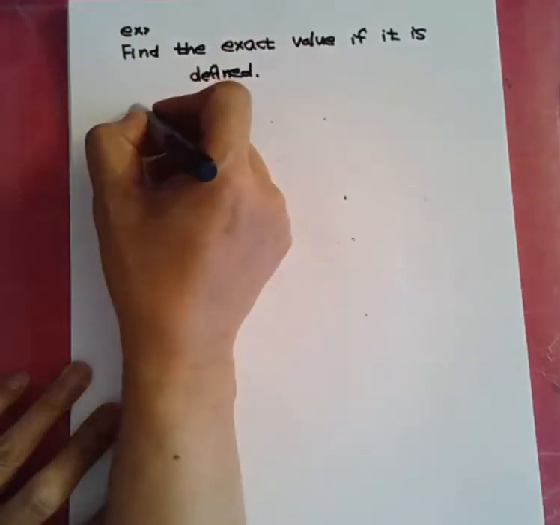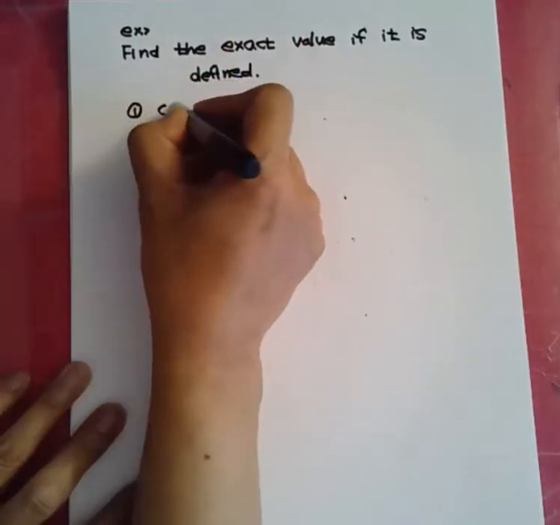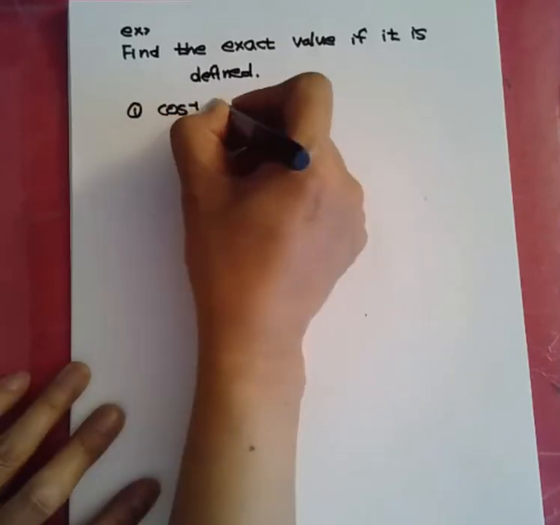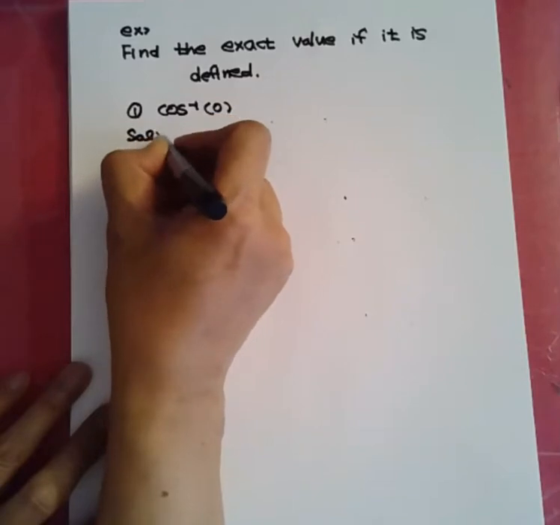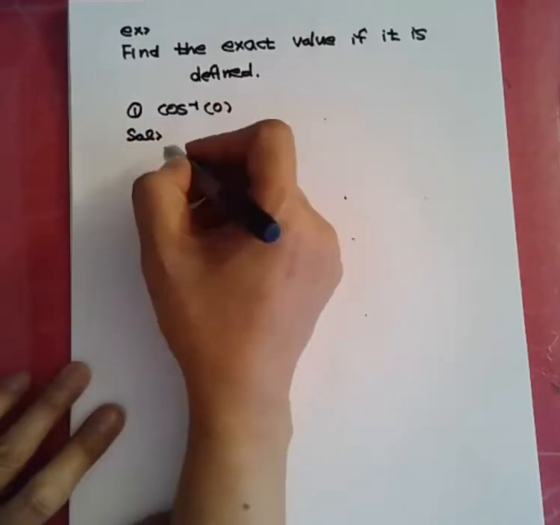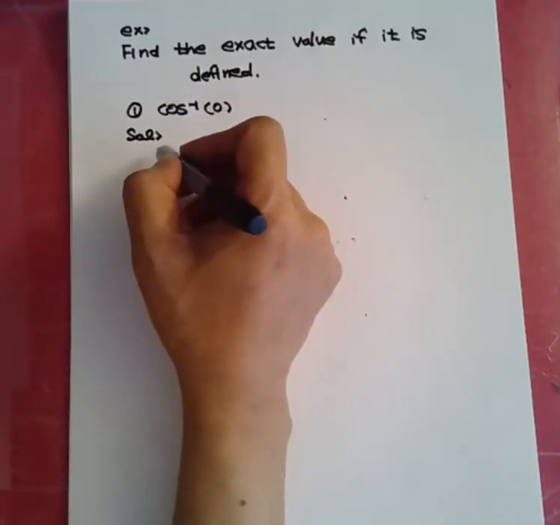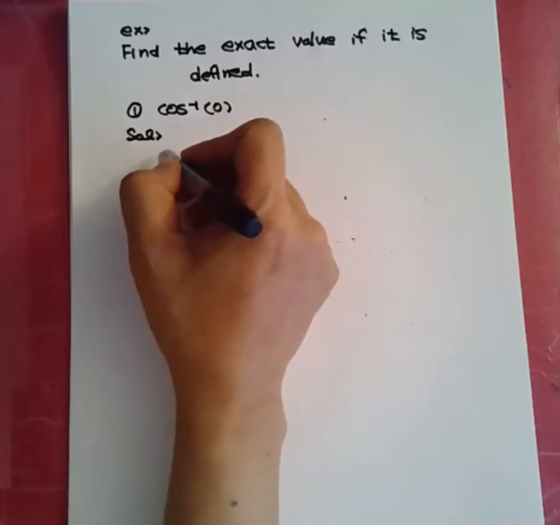Let's do some examples. Cosine inverse of 0. We already did it, but let's just follow the definition of the inverse cosine.